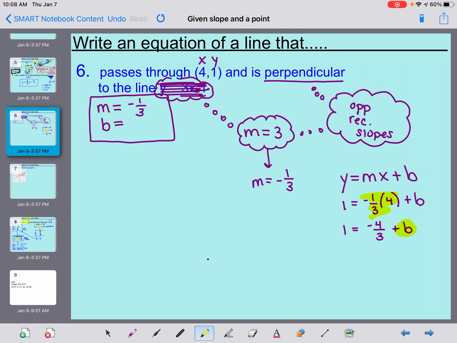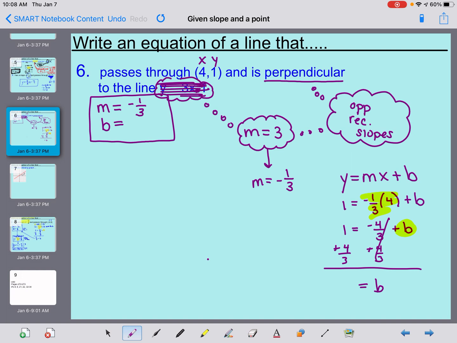And then to get the b all by itself, I'm going to add 4/3 to both sides. Add 4/3, add 4/3.